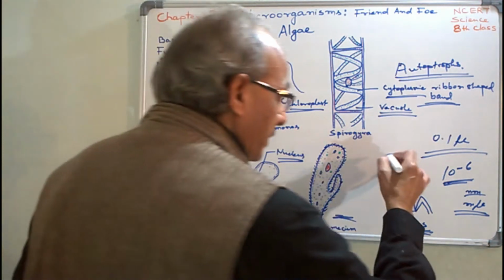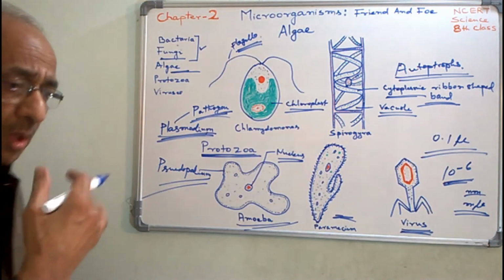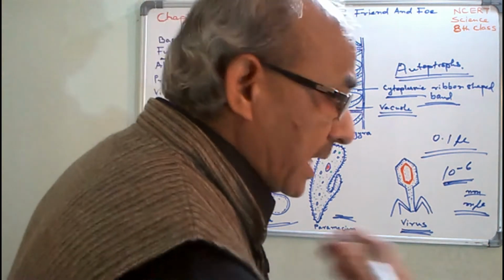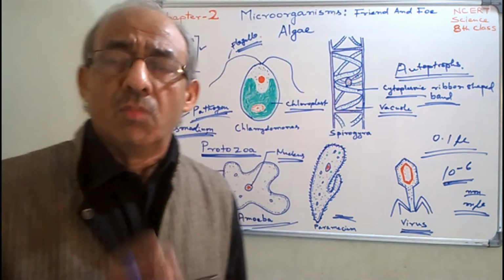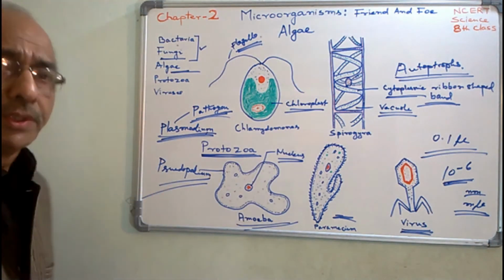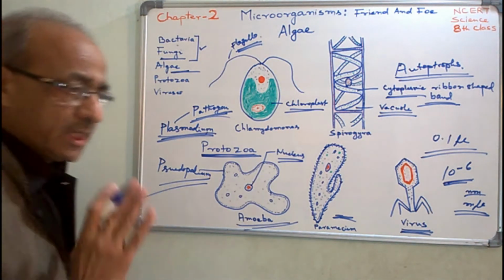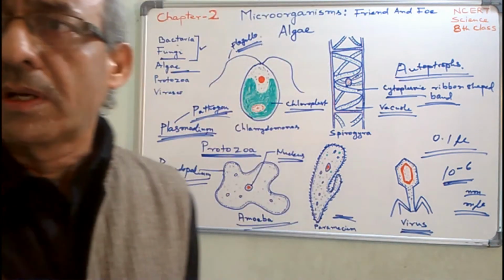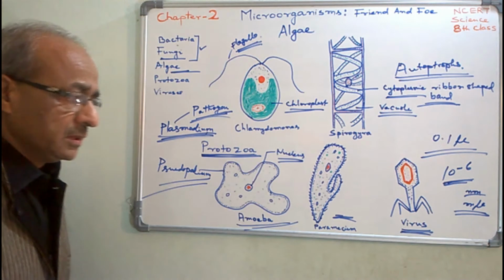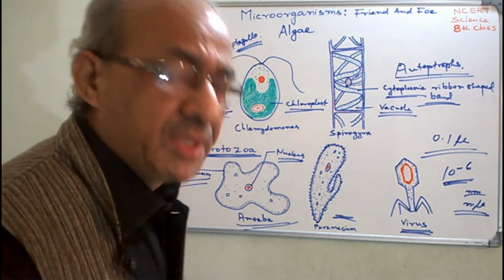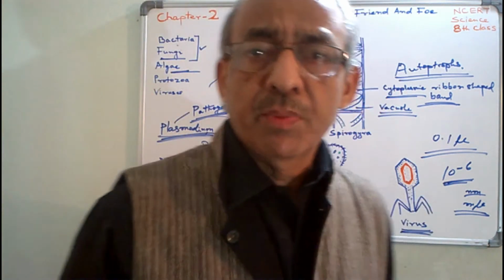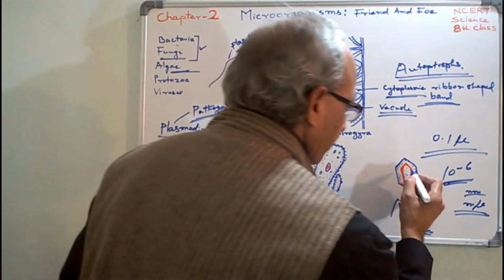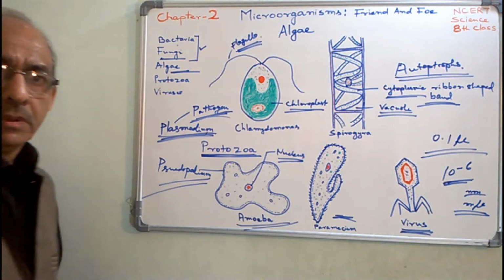When they enter the body of other organisms, they start their life cycle. This is the most important point you should know here. And just after entry in the body of other organisms, they start reproduction rapidly by the process of replicating their DNA rapidly.